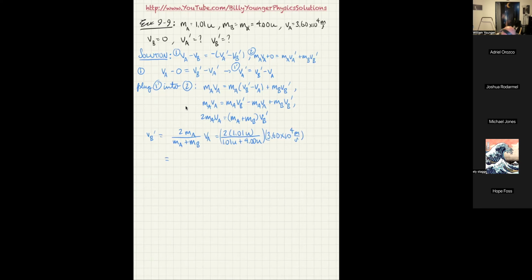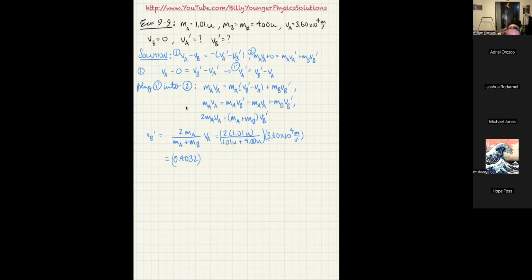So I'm going to take 2 times 1.01, and then divide that by 1.01 plus 4.00. That's going to give me 0.4032, and that's a unitless quantity.